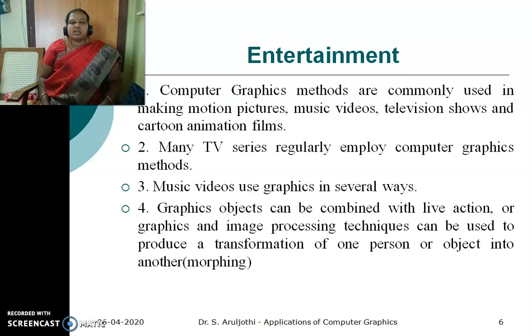Next one is we can combine real images with artificial images. For example, in the film Jurassic Park, we have an artificial image that is dinosaur and real human beings. Both are clubbed together to entertain us with animation concepts.